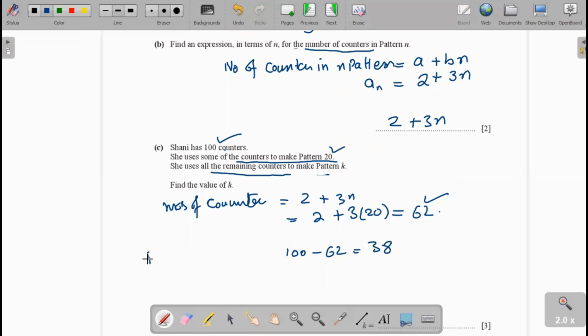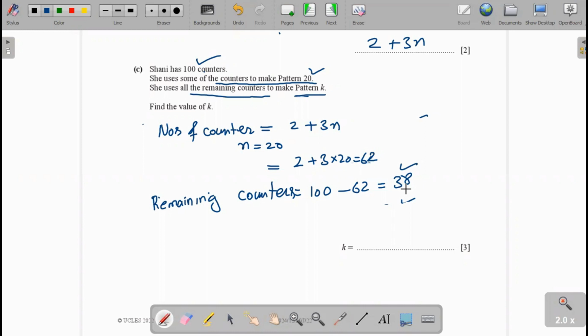Now we can write it: the remaining counters are 38, and the 38 counters are used to make pattern K. We know the formula for the total number of counters in pattern n is 2 plus 3n.